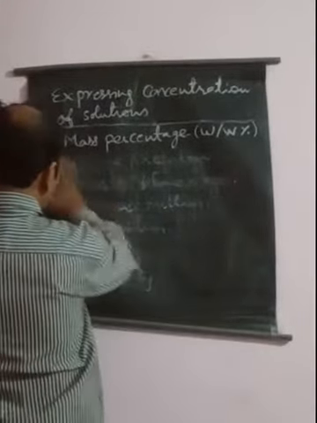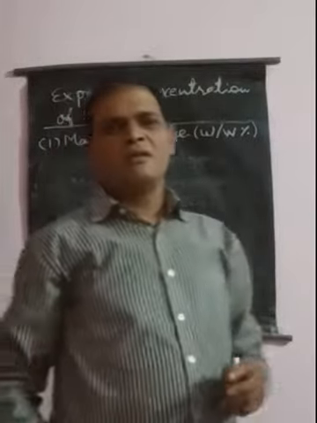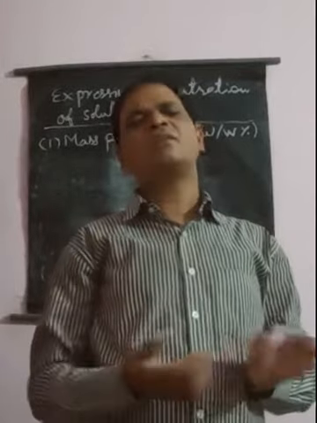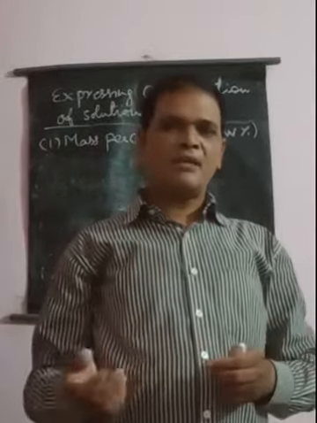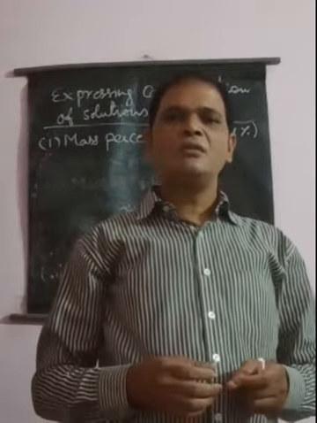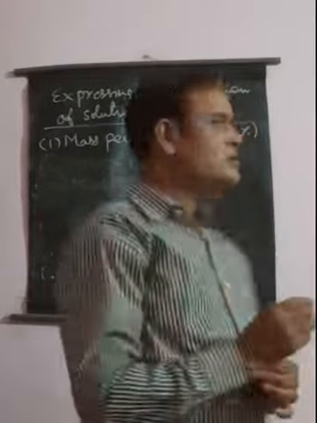One can define that the mass percentage is the mass of the component, generally solute, multiplied by 100 and divided by the total mass of the solution. So we can write here the formula of mass percentage as given here.